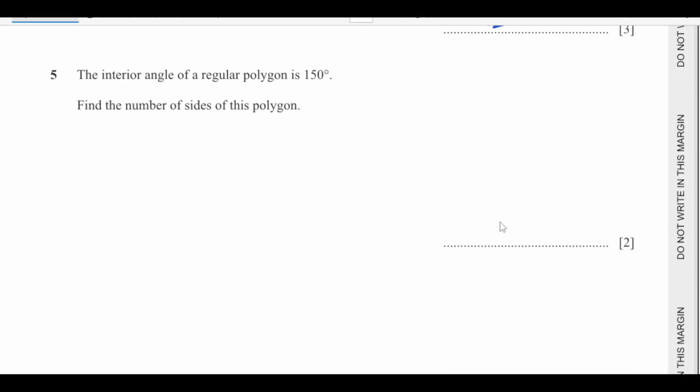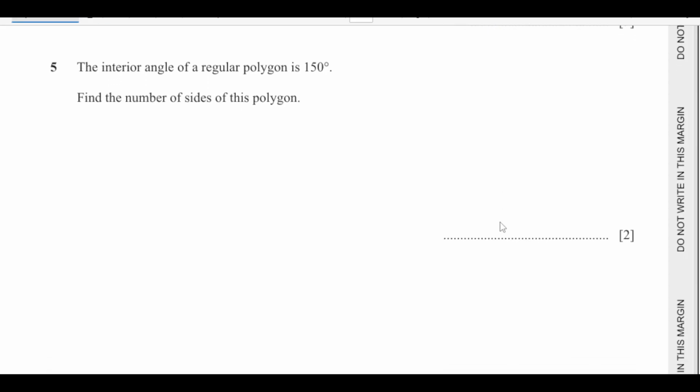Now, number 5, the interior angle of a regular polygon is 150. So, find the number of sides of this polygon. So, we have the formula of interior angles. Interior angle formula, we have n minus 2 times 180.